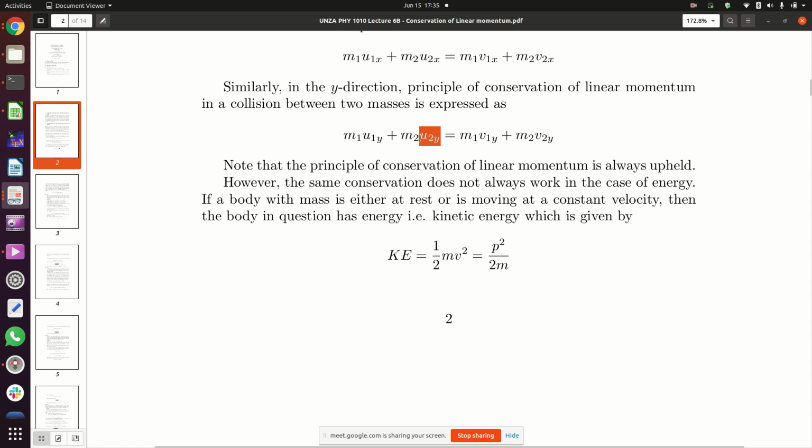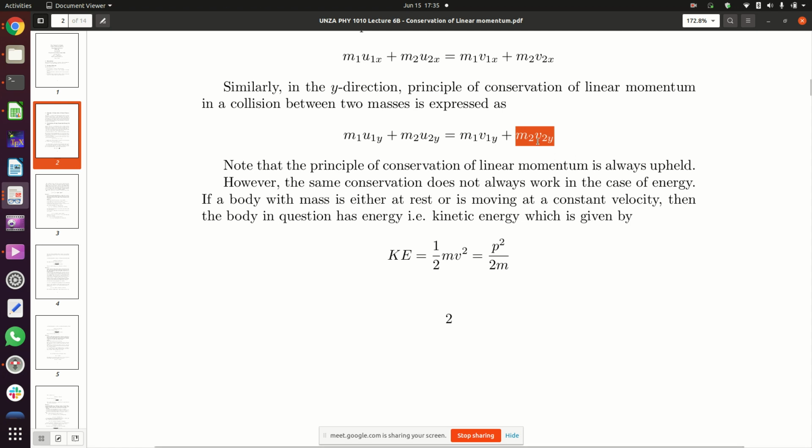So this here is the total linear momentum before collision along the y direction. This should be equal to the momentum of the first object after collision along the y direction, which is going to be m1 multiplied by v1y, plus the momentum of the second object after collision along the y direction, which is m2 v2y here.